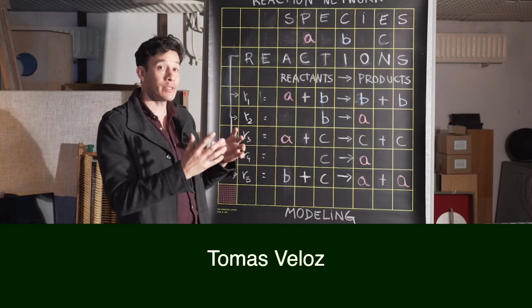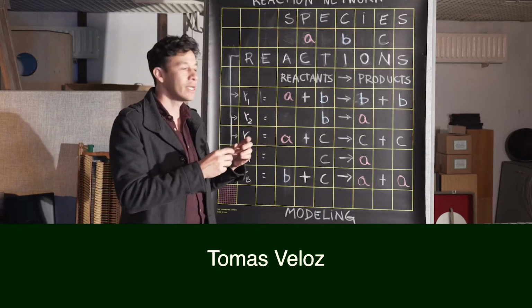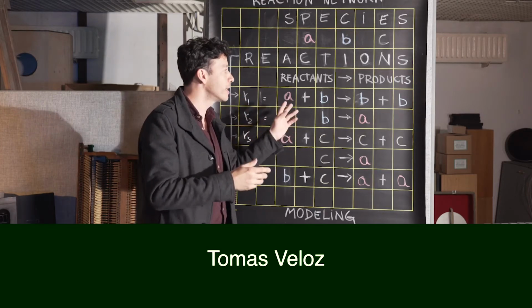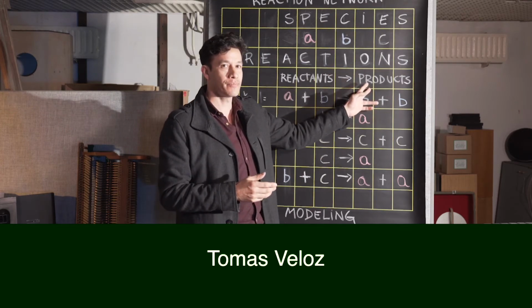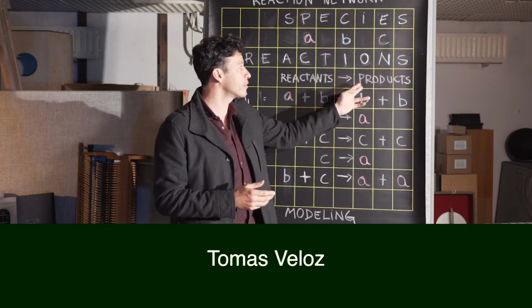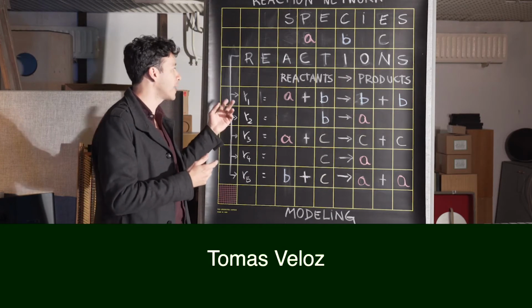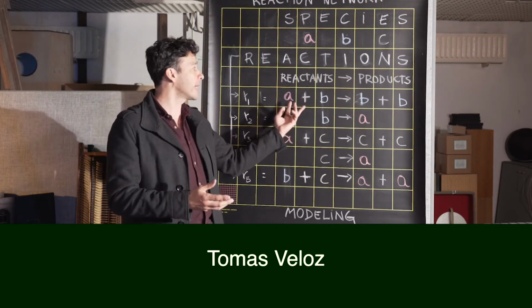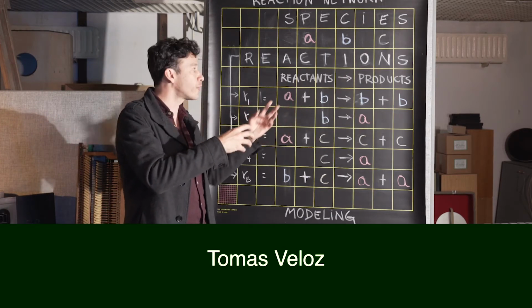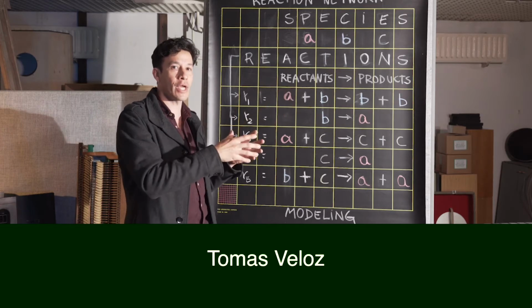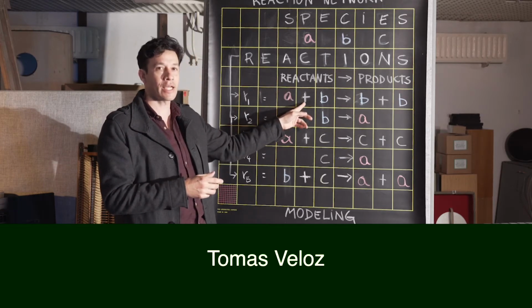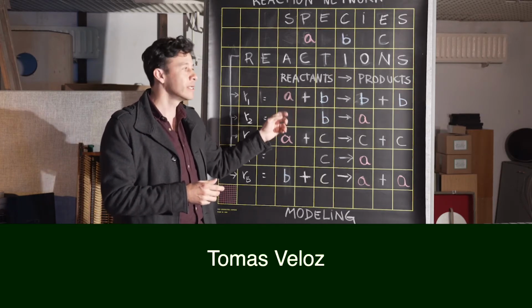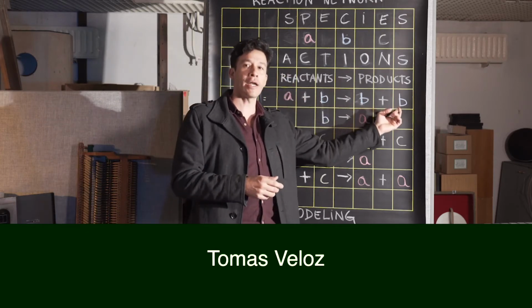When the molecules come together, they transform each other and become products. So the reactants become products by the happening of a reaction, which is conditioned by the species forming the reactants of the reaction getting together. That's what the plus sign means. They are getting together and they become another collection.